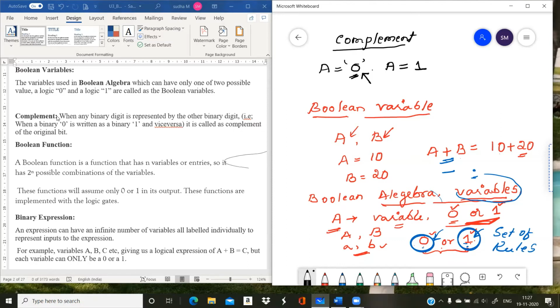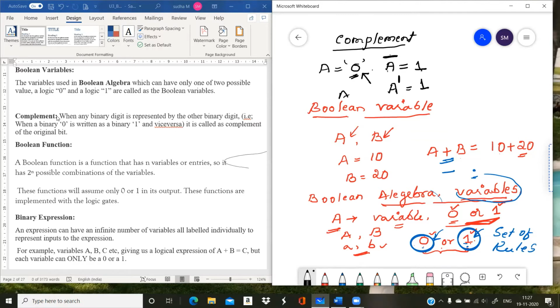So A complement, we represent this complement by one bar or one line above that variable. A complement will be equal to 1, or this is also represented with one dash symbol like this, A dash, which is equal to 1.